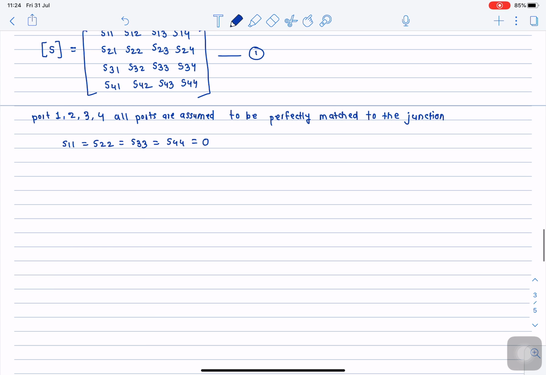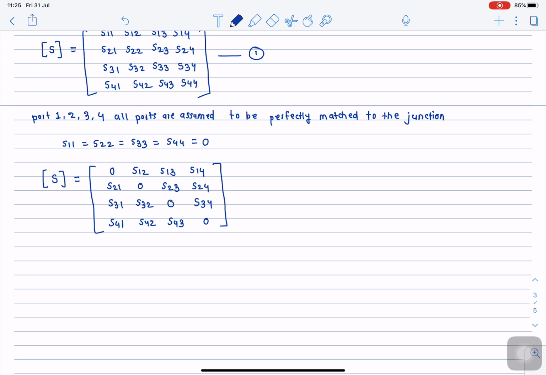All the diagonal elements will become 0, S32, S34, and S41, S42, S43, and this diagonal element now will become 0. This has been reduced to this particular matrix.